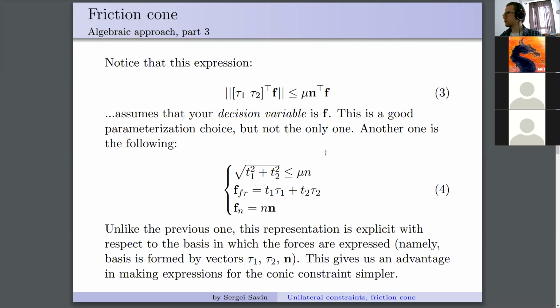So I have a question. The fourth equation, the system of 3 equations, as I understand, these parameters, T1 and T2 and n, it gives us the opportunity to work on this friction cone.